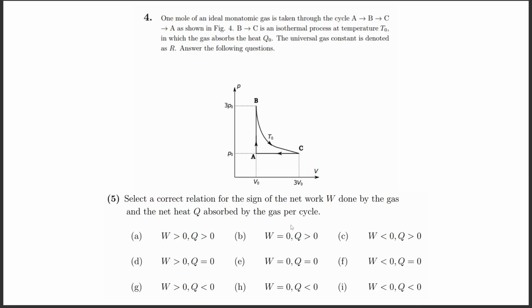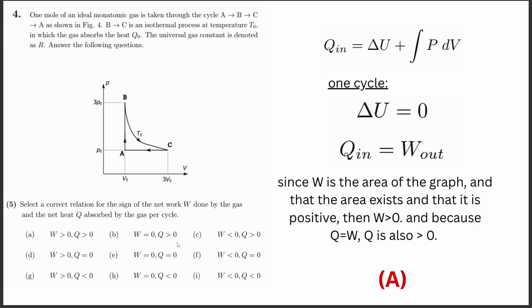Number 5. Select a correct relation for the sign of the net work W done by the gas and the net heat Q absorbed by the gas per cycle. From this equation, for delta U for one cycle, the U final is equal to the U initial, so it starts from UA, and for one cycle it returns to UA again.